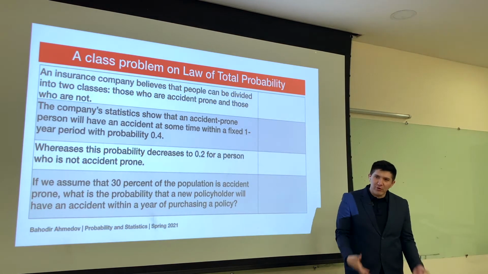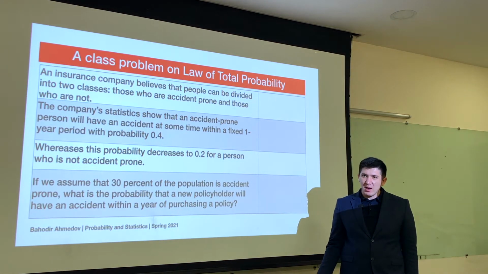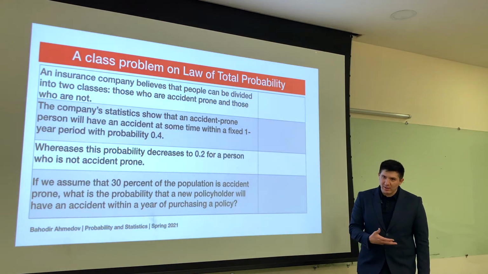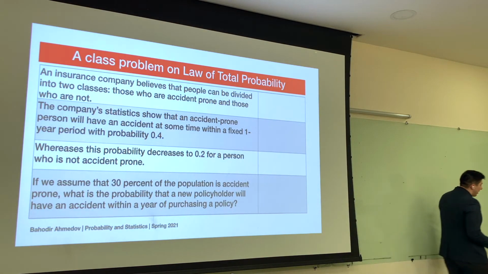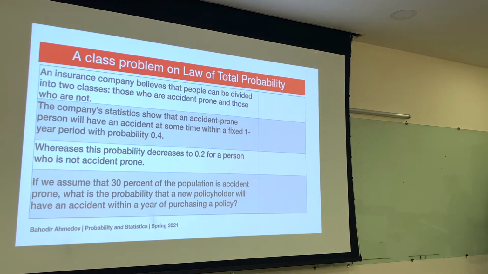So your first step should always be to write down the text mathematically. What does it mean that the probability that the person is going to have an accident if he's accident-prone is 40%? How can we write this down mathematically?